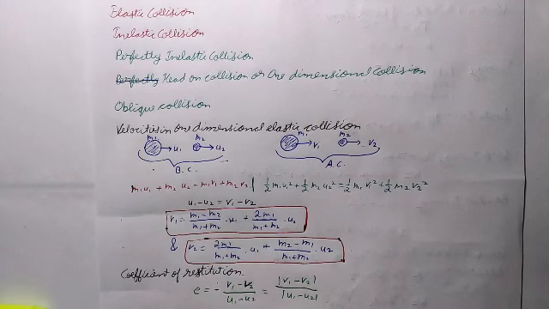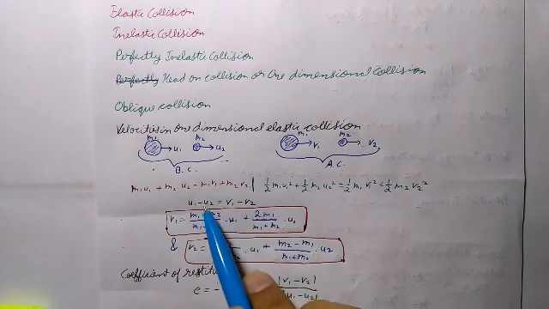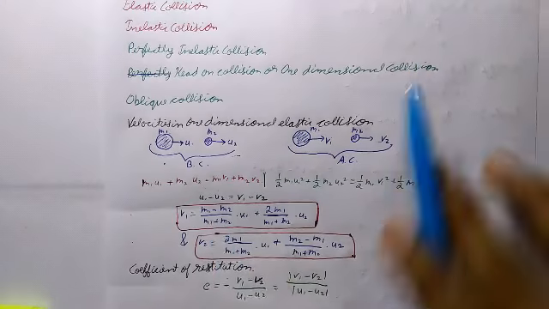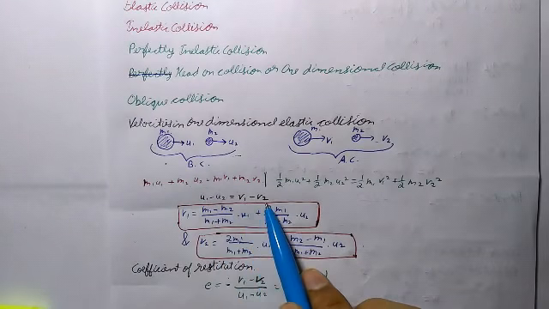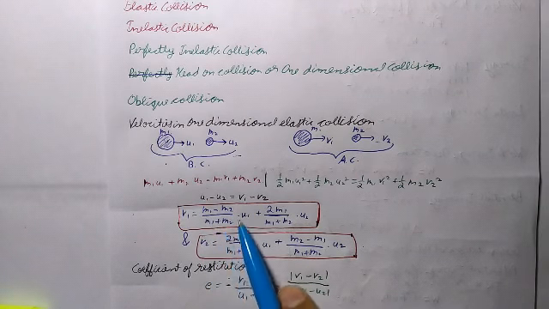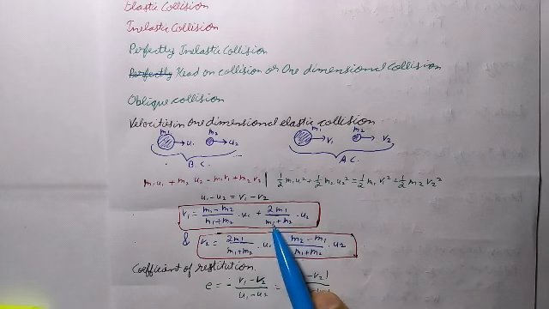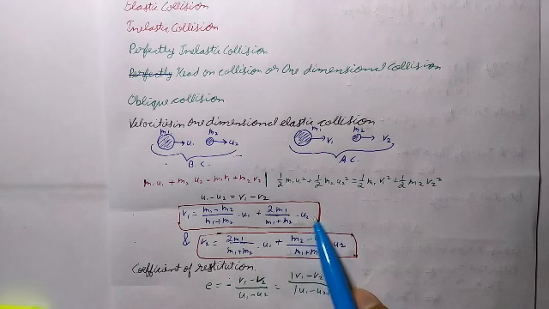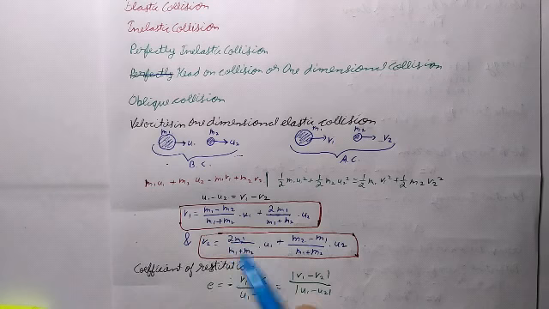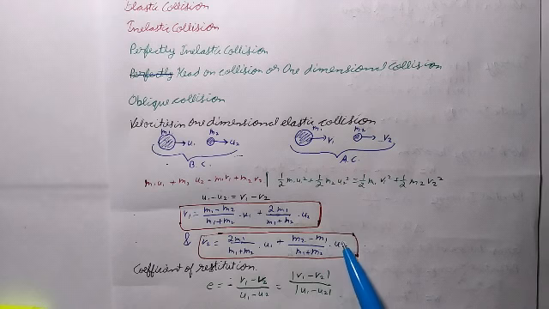By solving the above equations, it can be shown that in an elastic collision, velocity of approach equals velocity of separation: u1 minus u2 equals v1 minus v2. Also, v1 equals (m1 minus m2) upon (m1 plus m2) times u1 plus 2m2 upon (m1 plus m2) times u2. And similarly v2 equals 2m1 upon (m1 plus m2) times u1 plus (m2 minus m1) upon (m1 plus m2) times u2.